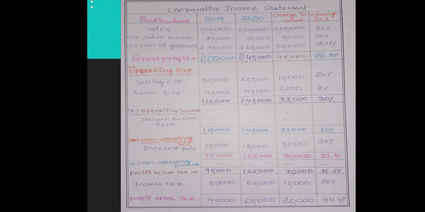Non-operating expenses are also one kind of expenses but rarely happen, so that kind of expenses are called non-operating expenses. Interest may be paid to the creditors after 1 year or 2 years.